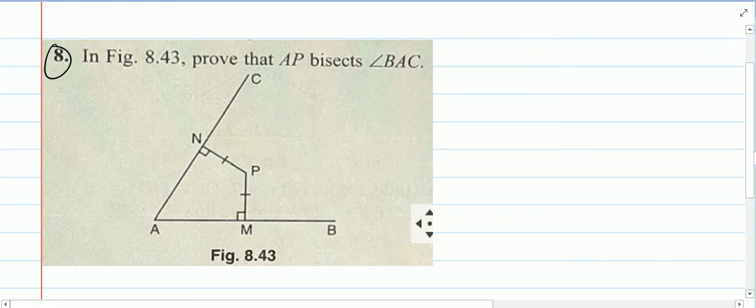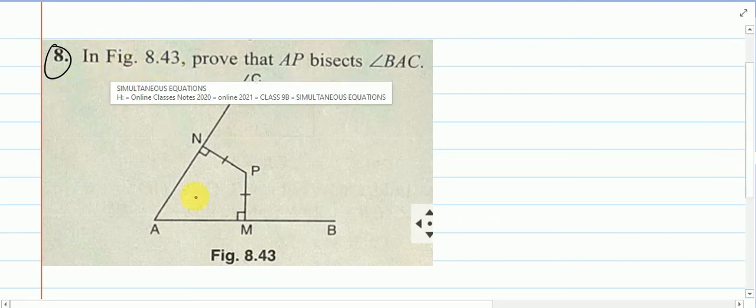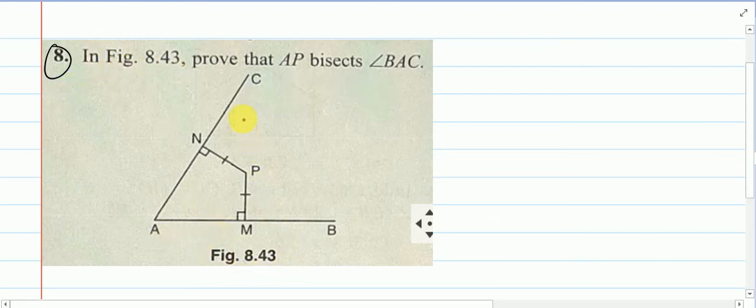Okay children, now let us see the next question, question number 8. In figure 8.43, prove that AP bisects angle BAC. Let's say this total is 100 degrees.